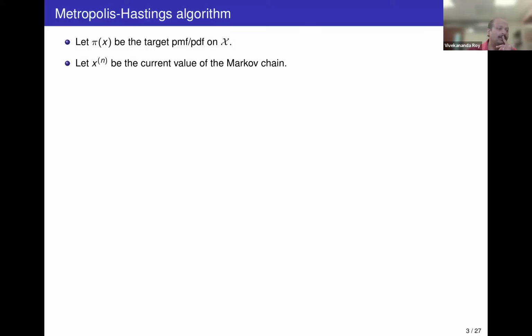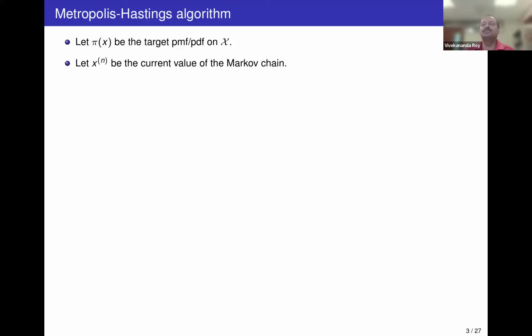And often this pi is known only up to a normalizing constant. For example, in Bayesian statistics, we know that the target posterior is proportional to likelihood times prior, but the normalizing constant, the marginal density, is not generally available in closed form.